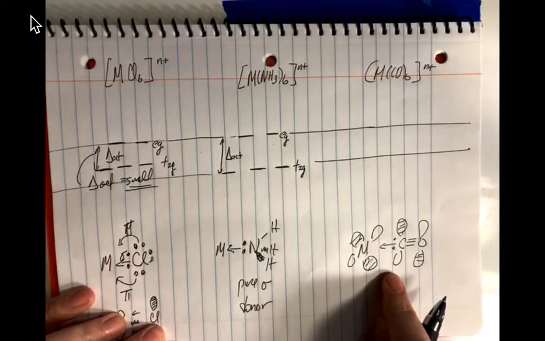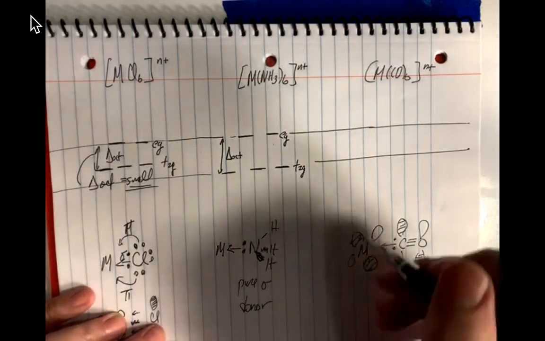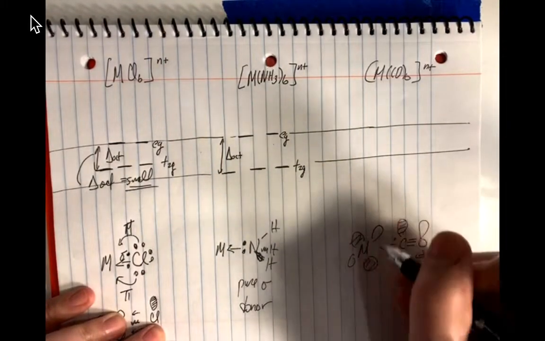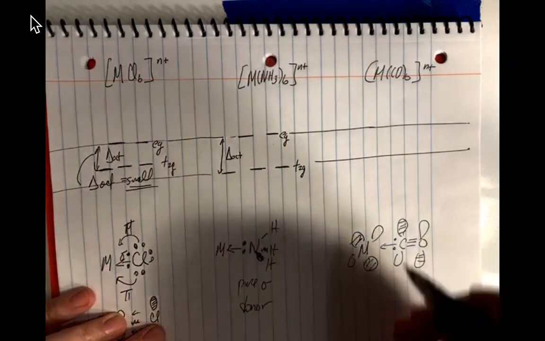And what ends up happening here is we push the lone pair into the metal, but the metal then has a filled pair that's in a T2G that gets vacuumed out onto the ligand.